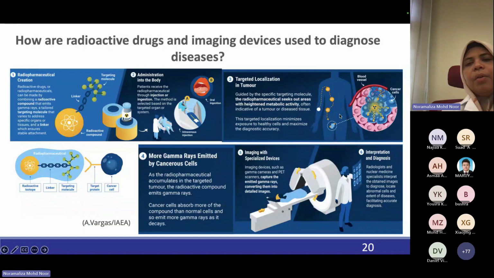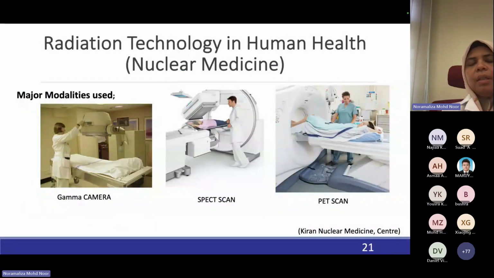Since the radionuclide is unstable, it tends to become stable by releasing gamma rays, and then the patient will be positioned on the couch and put in the SPECT or PET-CT. After that, the gamma rays will be emitted from the patient's body and detected by the detector. So after that, the doctor will do the diagnosis of the patient. So this is an example: the gamma camera, SPECT-CT, and also PET-CT.